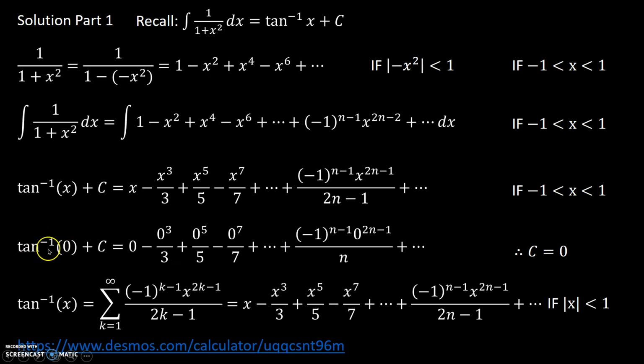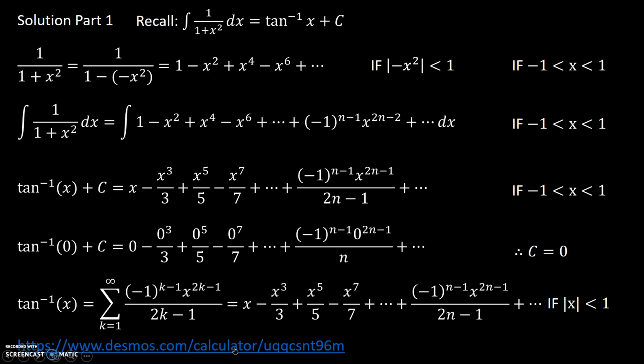Recall the arctangent of 0 is 0. So now we have a series for arctangent that is alternating signs, every odd power divided by that power. And this has the limitation, of course, that x is between -1 and 1.